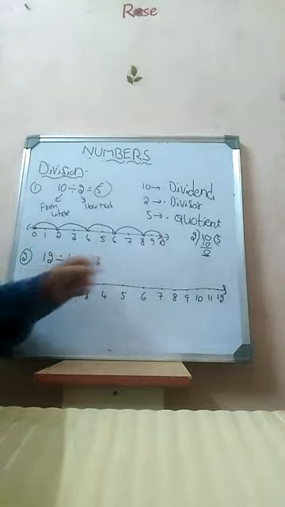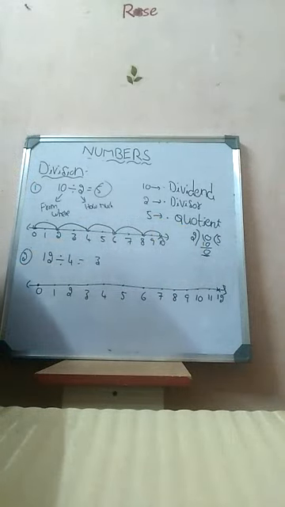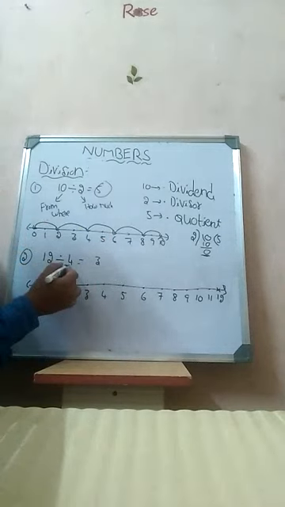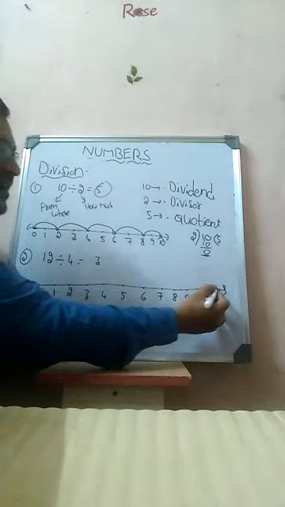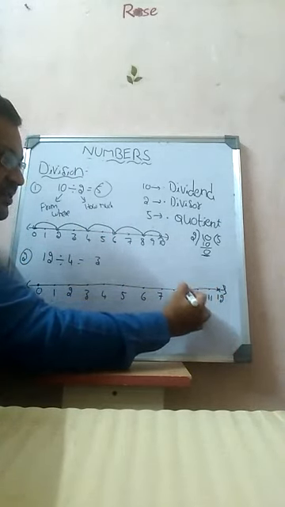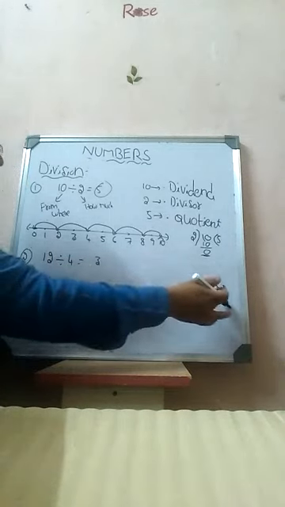So dividend is 12, that's why it starts from 12 here. Start from 12 and jump. How much? The divisor will tell how much. So 4 here is the divisor, so I have to jump 4 steps. 1, 2, 3, 4 towards 0, that means left of the 12.